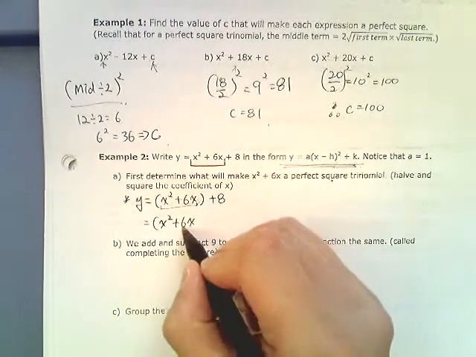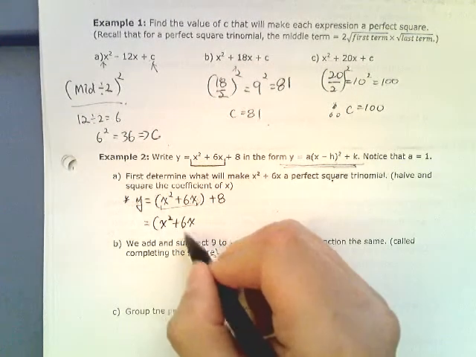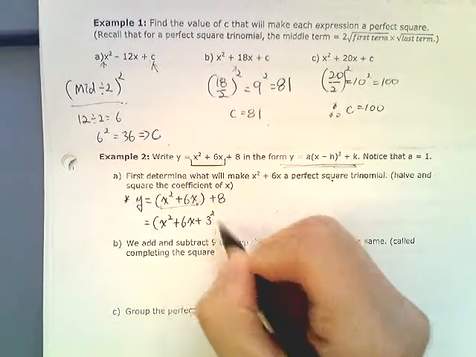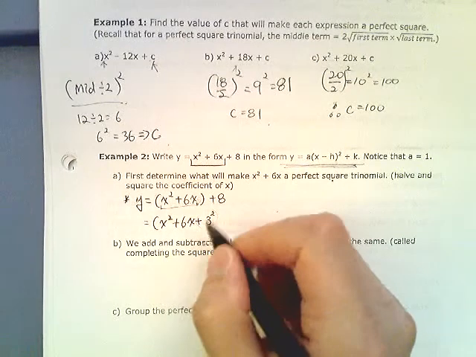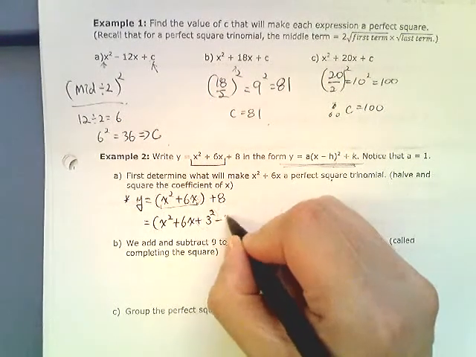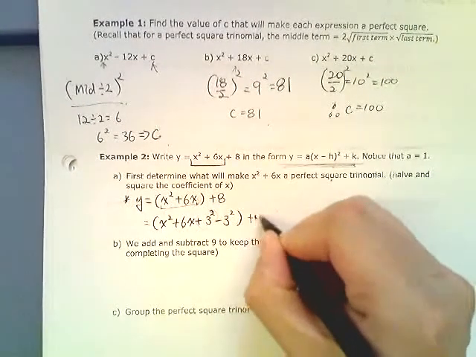That was the middle one divided by 2, and then we square that. So 6 divided by 2 is 3, right? And 3 squared. Now I added this 3 squared from nowhere, so in order to counter it, I have to subtract the same and close the brackets.